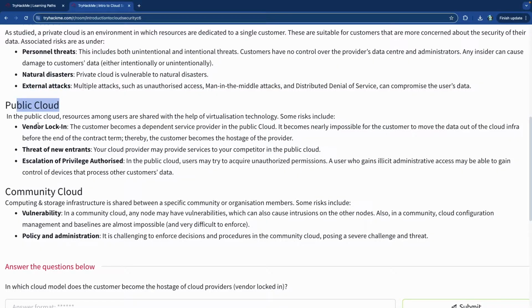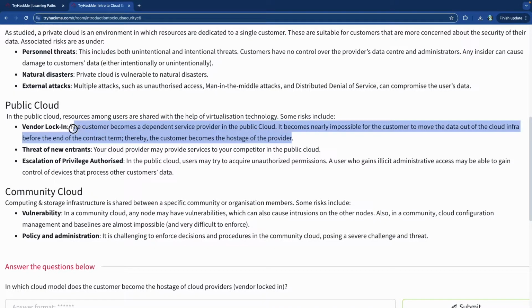Then you have the public cloud. So the vendor lock-in means that the customer becomes a dependent service provider in the public cloud. It becomes nearly impossible for the customer to move the data out of the cloud infrastructure at the end of their contract term. Thereby, the customer becomes the hostage of the provider, right?